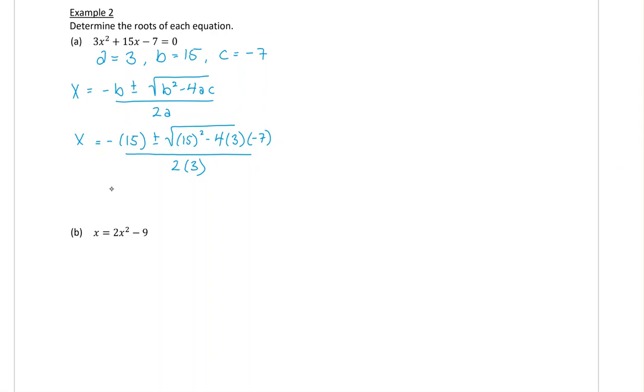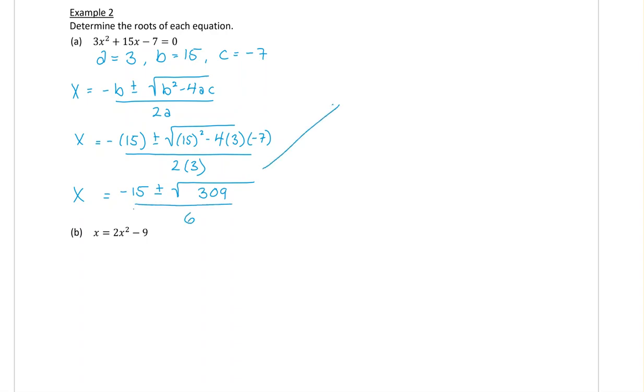Now I'm going to simplify everything we have here in one step. This becomes negative 15 out front, plus or minus. Doing all the math underneath the radical sign, 15 squared is 225, subtract the product of 4 times 3 times negative 7, which gives me 309, divided by 6.